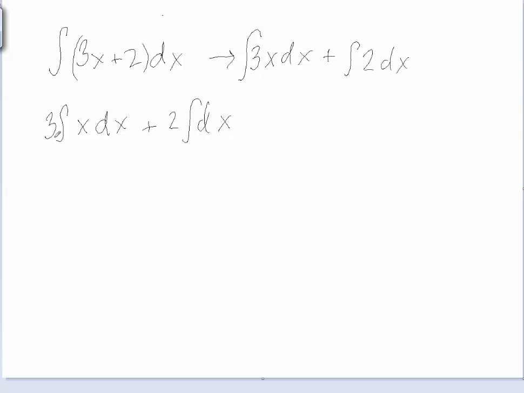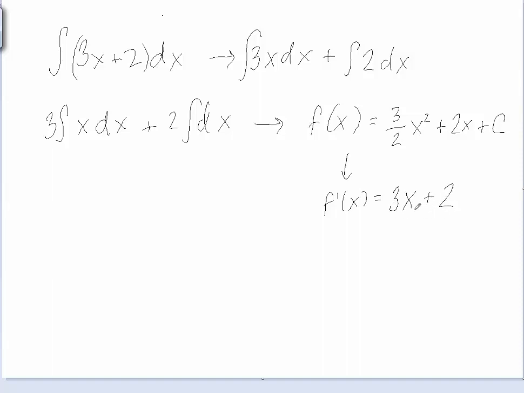And then we know that constants come out in front. And so the antiderivative of this would be 3/2 x squared plus 2x plus our constant. And again, to check our work, we can find this derivative. 2 times 3/2 is 3, times x, plus 2. Okay, so this matches with what we're trying to find.